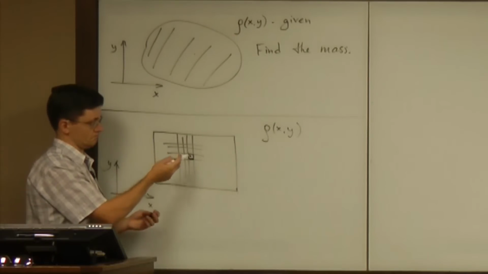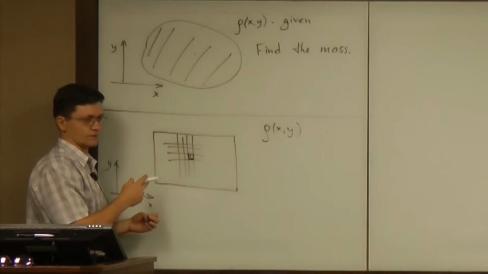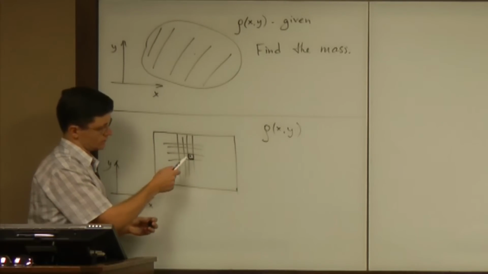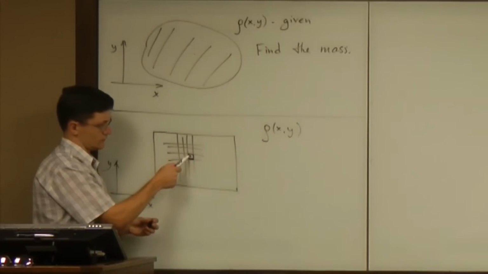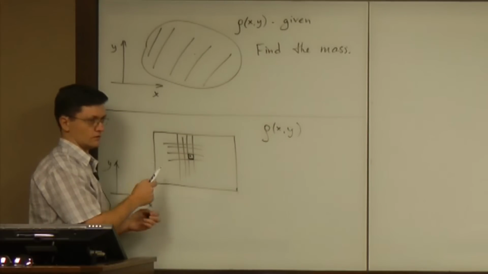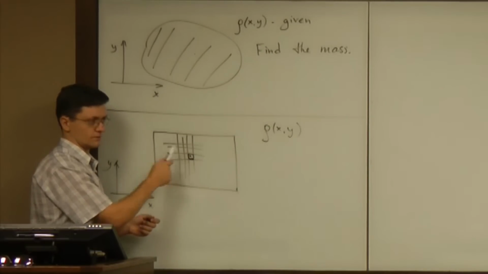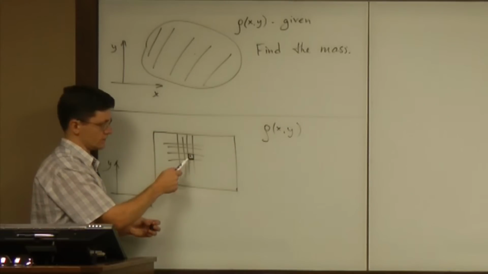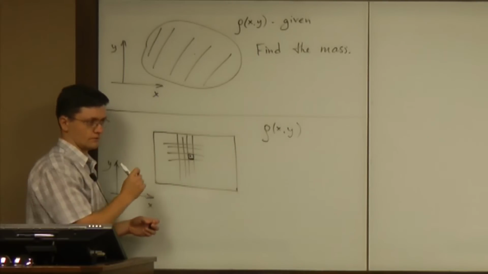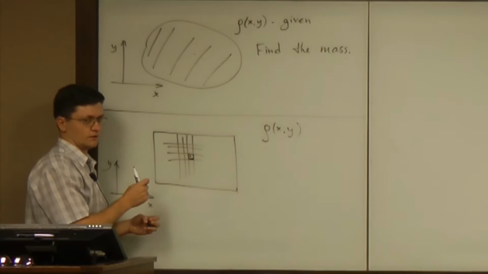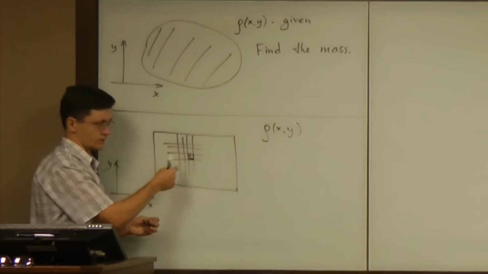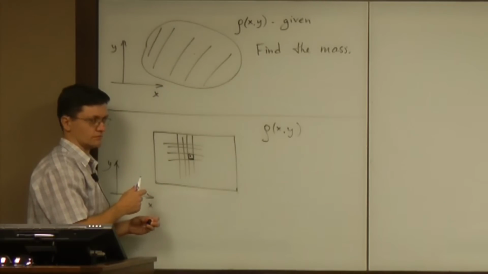So why are you eligible to do this approximation? Well, because you assume that the density doesn't change quickly in a small piece. So the density is approximately the same in the whole piece. And if the density is the same, then the mass is density times the area.